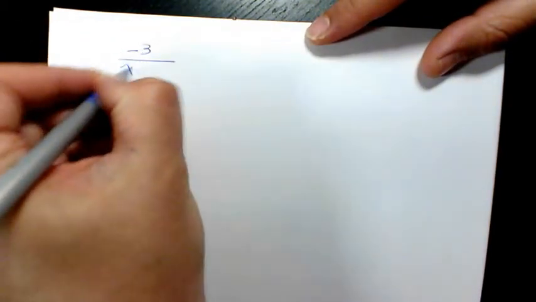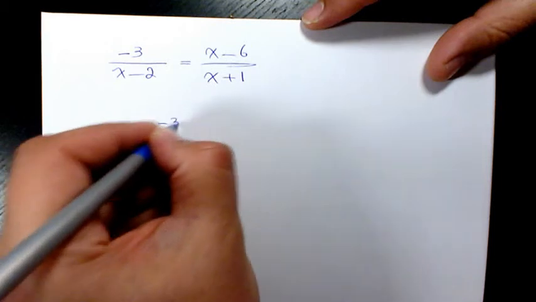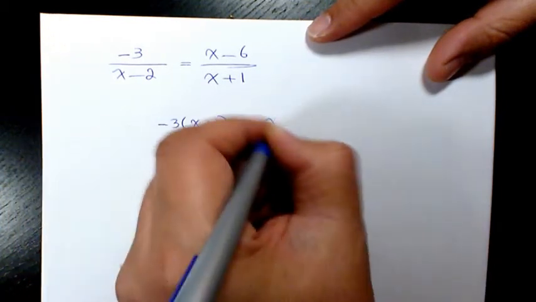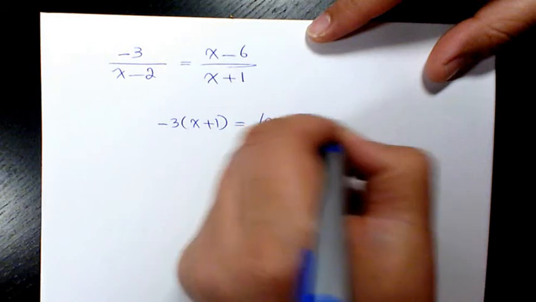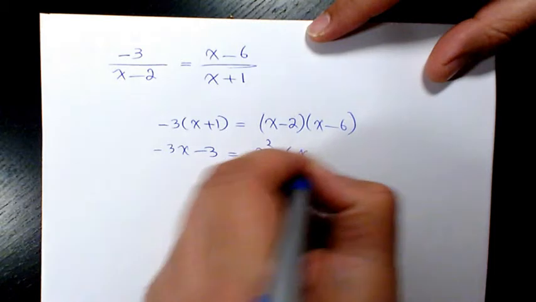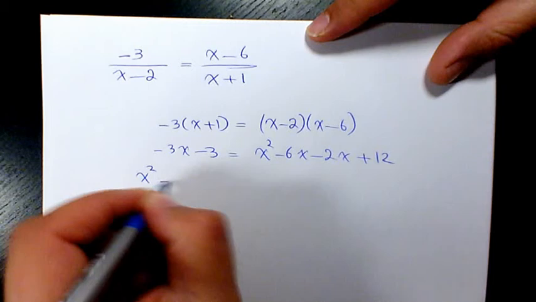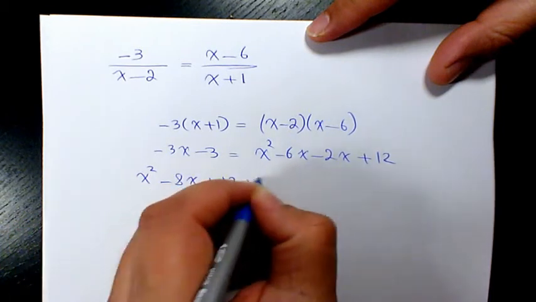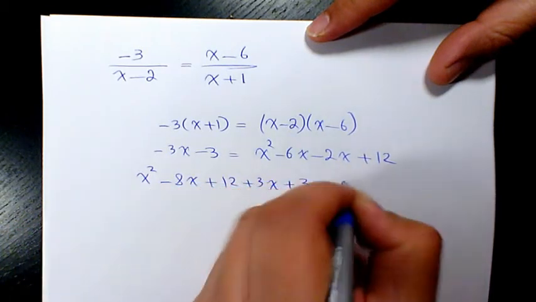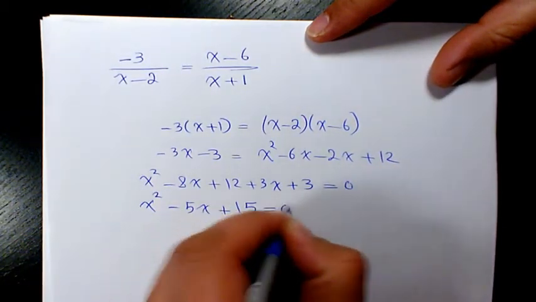Next one. Negative 3 over x minus 2 equals (x minus 6) over (x plus 1). Cross multiplication. Negative 3 times (x plus 1) equals (x minus 2) times (x minus 6). So negative 3x minus 3 equals x squared minus 6x minus 2x plus 12. So you have x squared minus 8x plus 12 plus 3x plus 3 equals 0. So x squared minus 5x plus 15 equals 0.